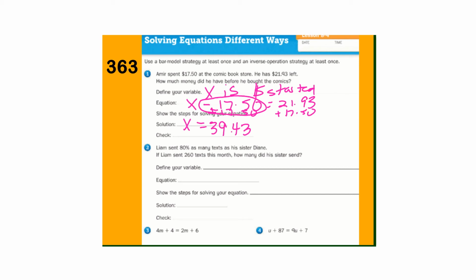We're going to check it. So $39.43 goes in for my X here, minus $17.50 should equal $21.93. And if it does, then you got the right answer. So go ahead and try 2, 3, and 4. Go ahead and pause the video.